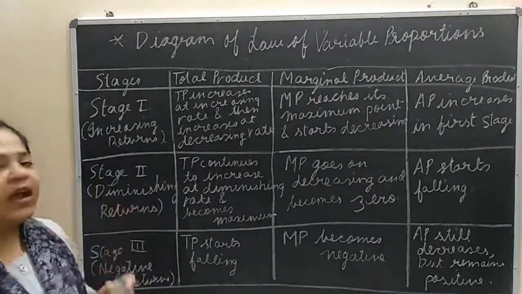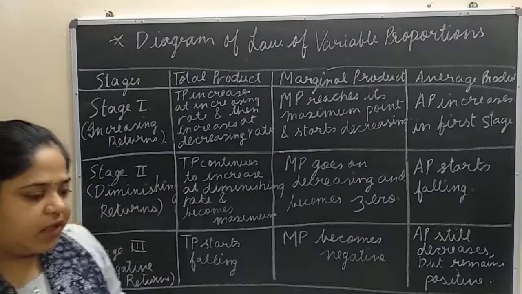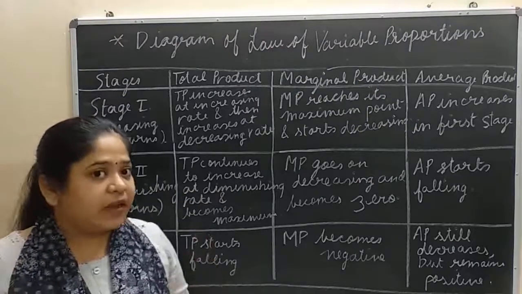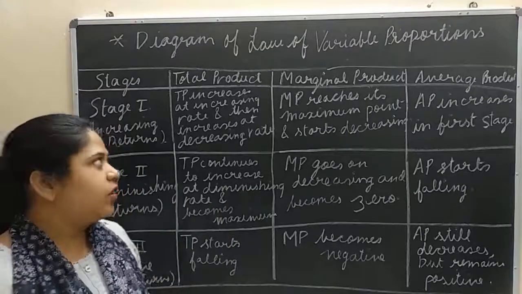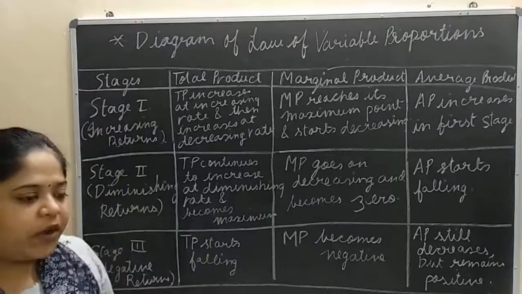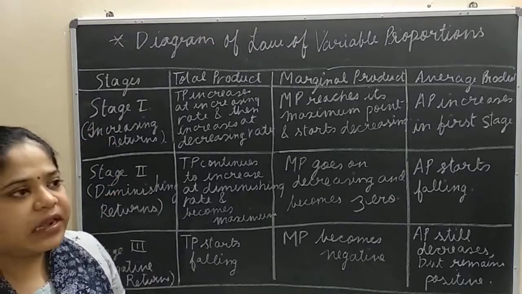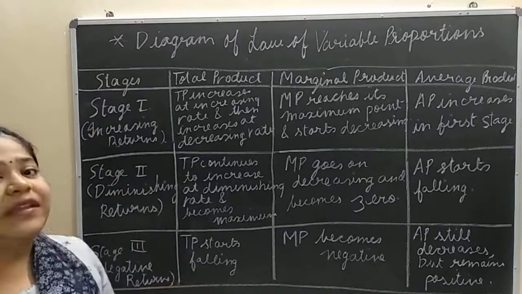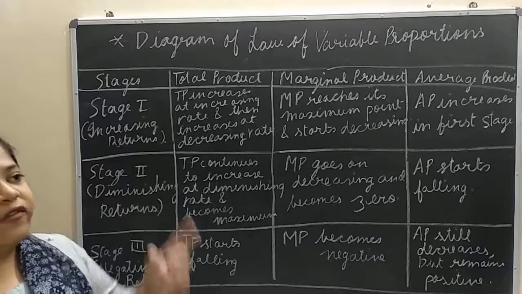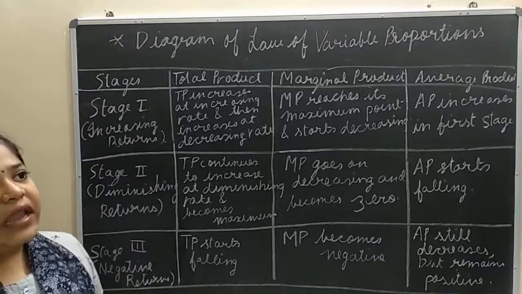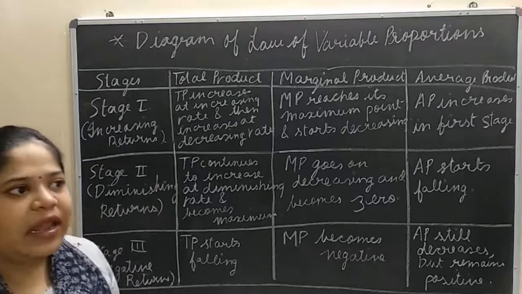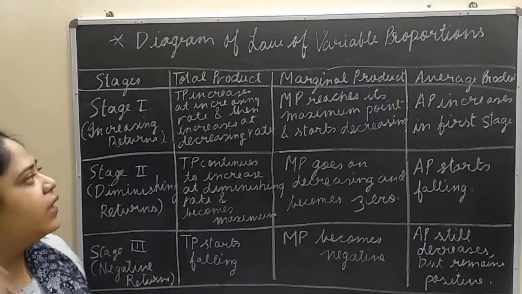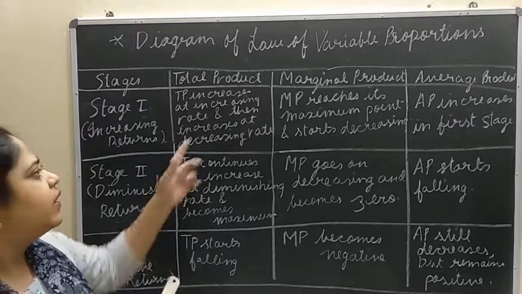In stage 1, that is increasing returns, the indicator of stage 1 ending was that AP will be maximum at that point. Total product will increase at an increasing rate and then it will increase at a diminishing rate. If you check in the diagram, in the first stage TP increases at an increasing rate and then TP continues to increase at a decreasing rate.